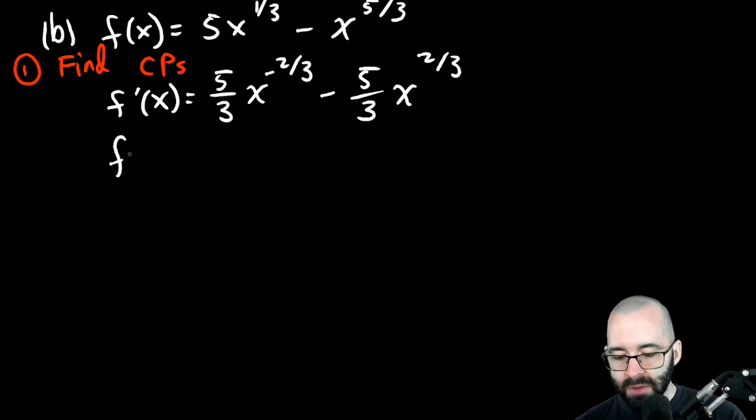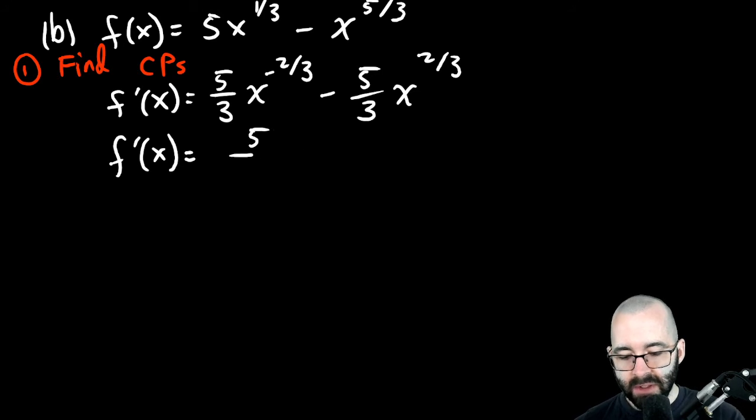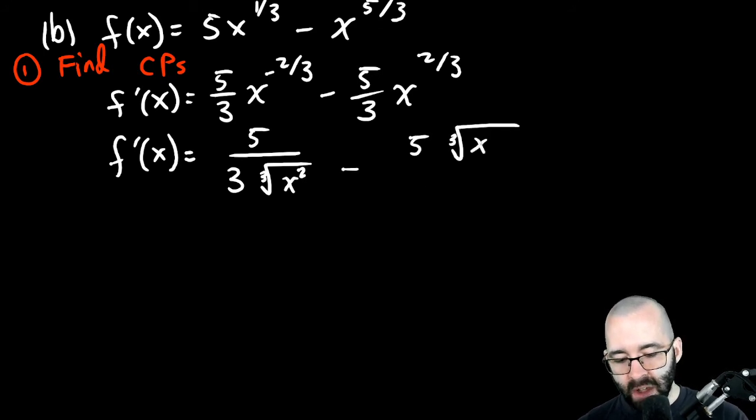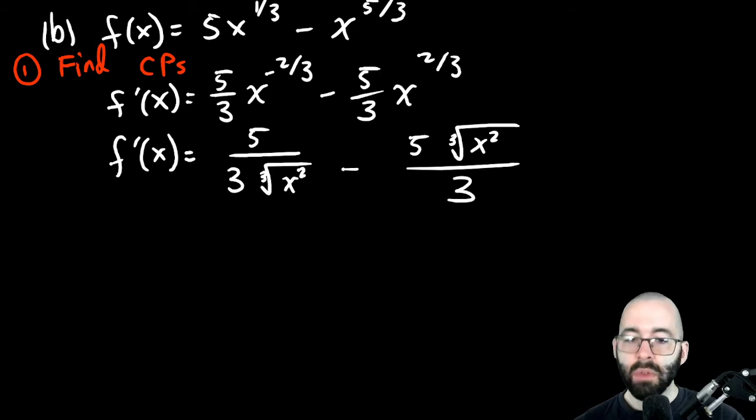And it could be useful. Both forms are appropriate, but it might be useful to write this in a different form. This is 5 divided by 3 times the cubed root of x squared, minus 5 times the cubed root of x squared over 3. And if you're not sure which form you want, write them both.